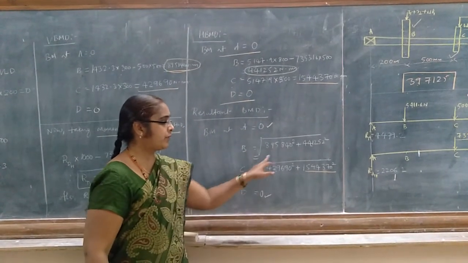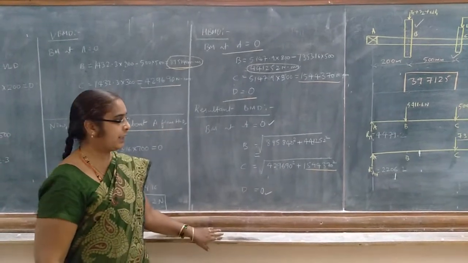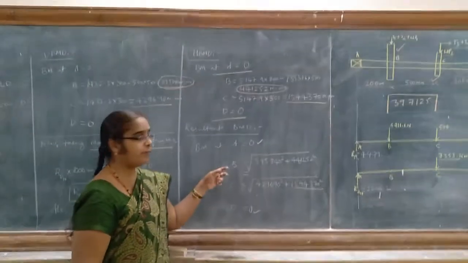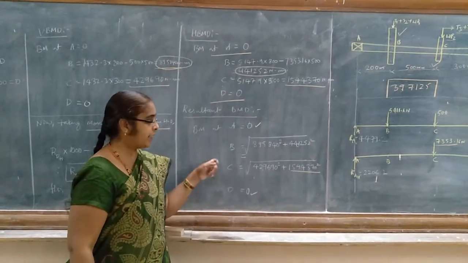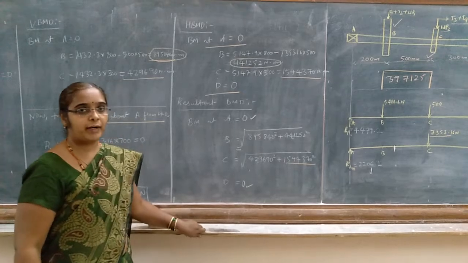If you take the square root of the summation of these two values, you'll get the resultant bending moment at C. Let us compare the values of bending moment at B and C, and find where we will have the maximum bending moment.